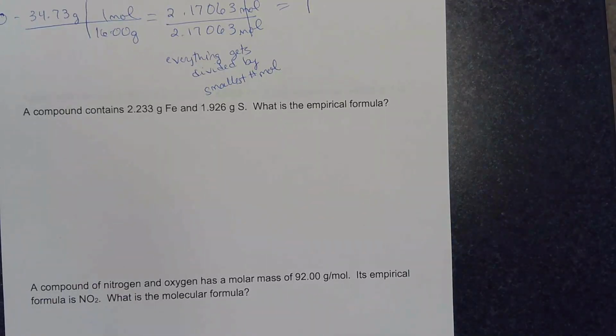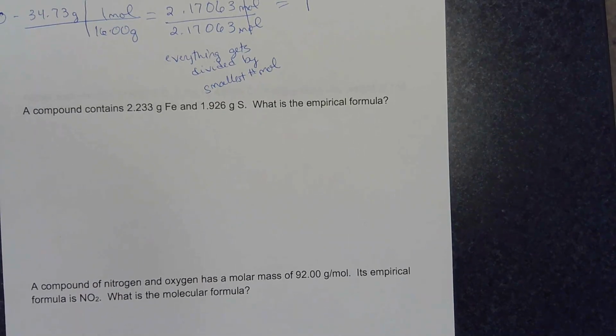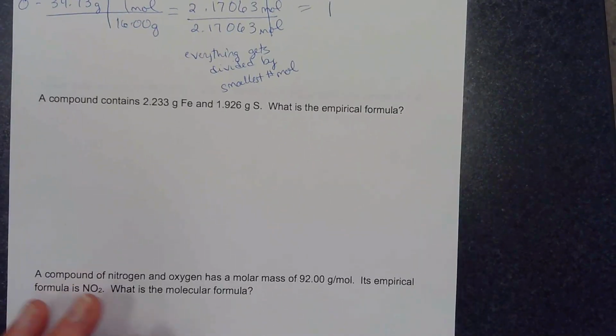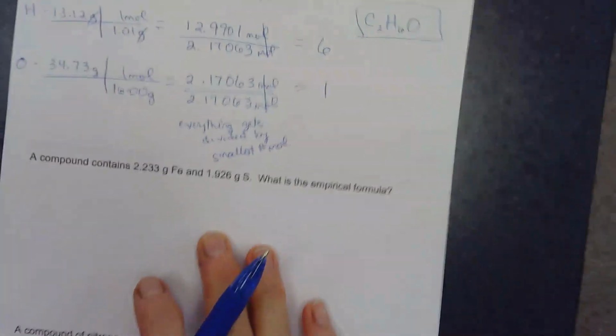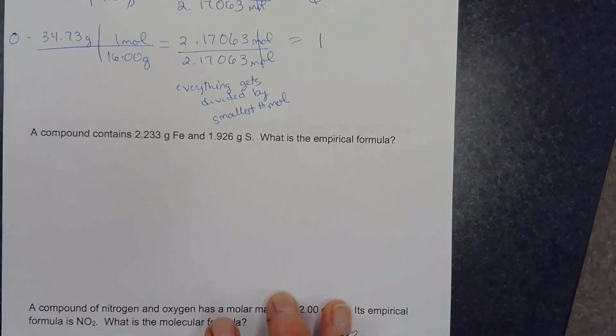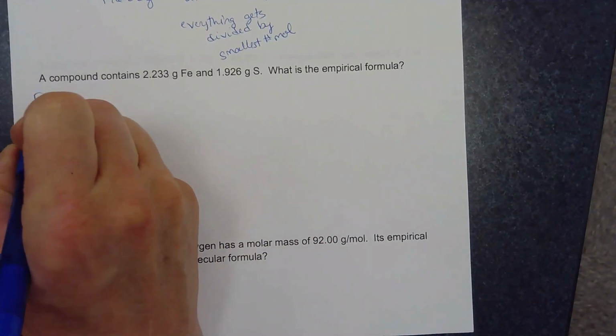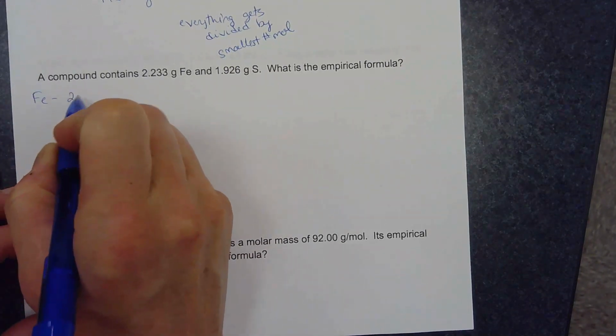Iron is 55.85 and sulfur is 32.07. So this is your setup that you should have.